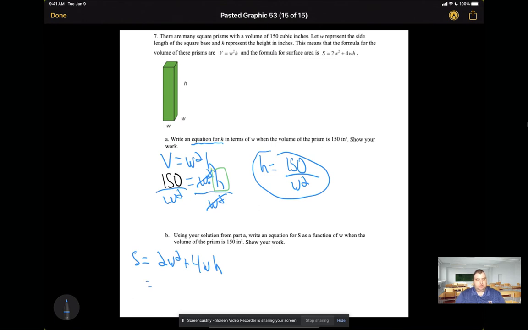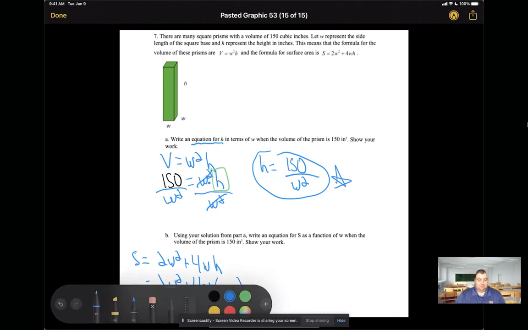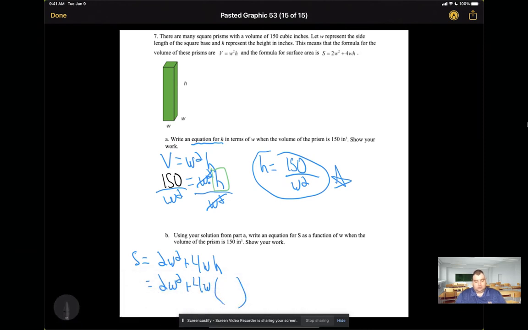So what I'm going to do is take that formula and plug in this right here for H. So I'm going to replace H with 150 over W squared. Okay, 150 over W squared.